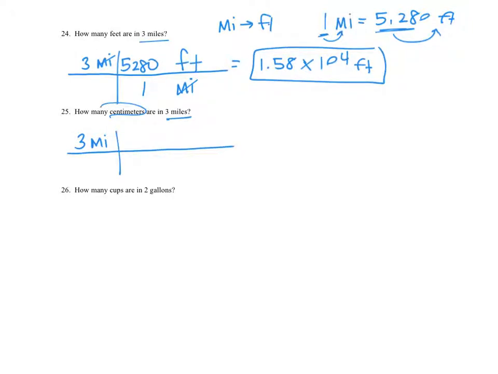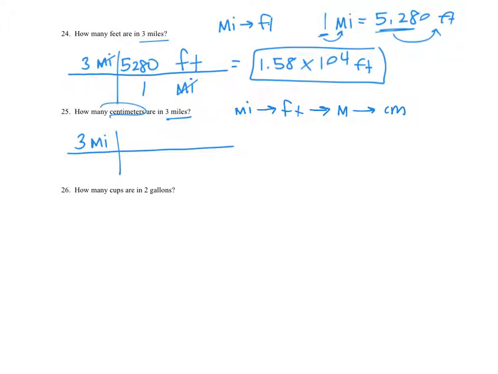So when you look at your chart, if I start in miles, make my little path, I can go from miles to feet, and then feet to meters, and then meters to centimeters. But there's actually an alternate version. You can go miles to feet, and then feet to inches if you wanted, and inches to centimeters. Doesn't matter which one you did.